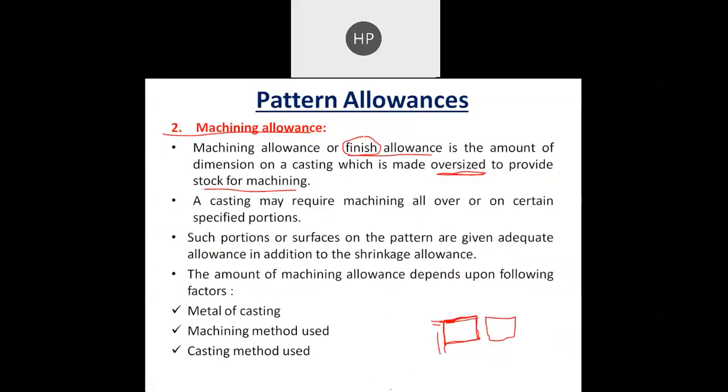So what we will do is simply make the object slightly larger. Okay, and then during that finishing operation, some layer from the outer periphery will be removed, and then we will get the object of the exact dimension we require. And we know that in the casting process we generally have to do this finishing operation, because the outer surface we get in sand casting is not a smooth surface.